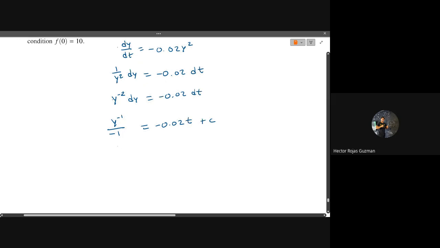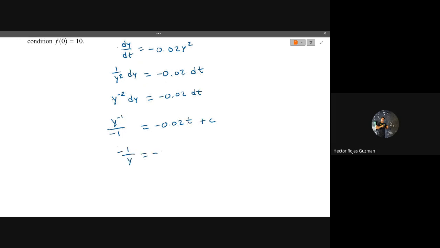If you simplify this, we get negative 1 over y equals negative 0.02t plus c. This is where we use the initial condition, which is (0, 10). If I plug in my 10 and my 0, I get my value of c.